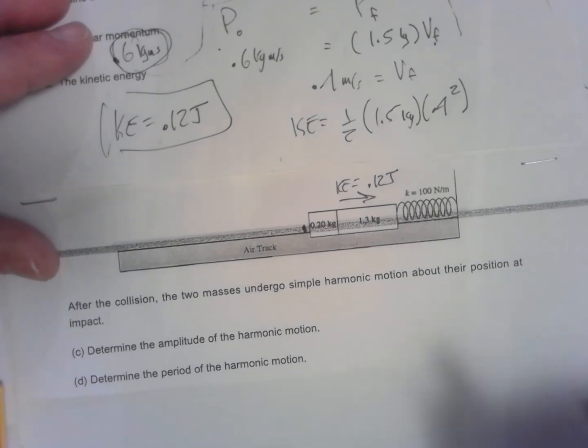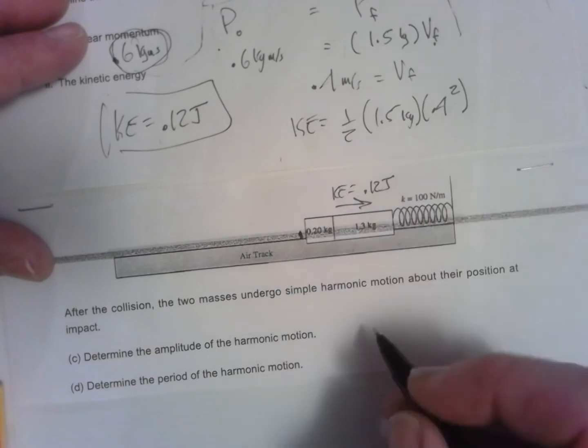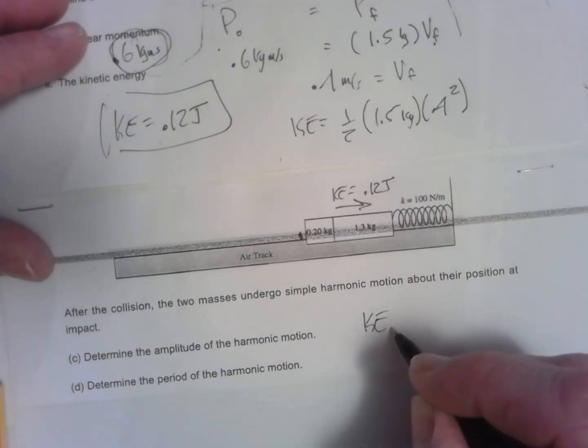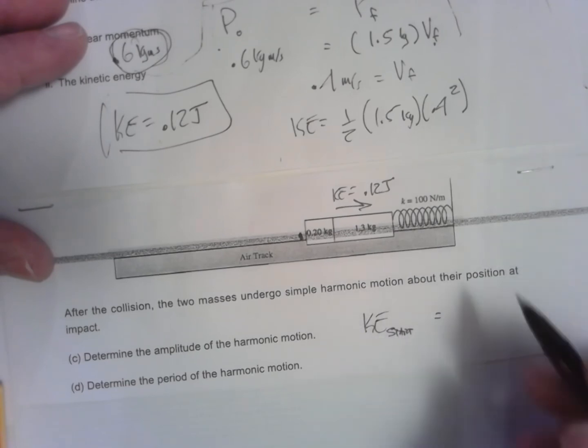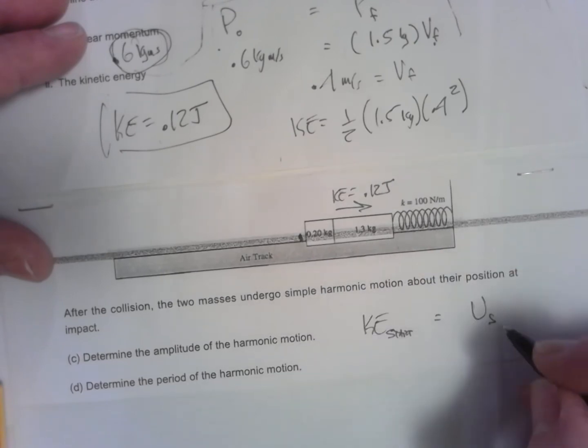So let's take a look at the whole thing from energy. The kinetic energy at the start, right after the collision, is going to equal the spring potential energy when it's fully compressed.